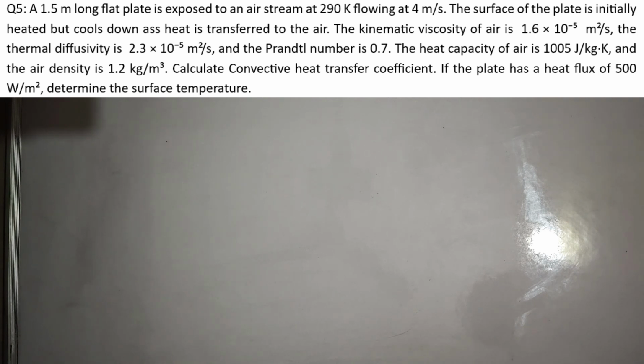The heat capacity of air is 1005 joule per kg Kelvin, and the air density is 1.2 kg per meter cube. Calculate convective heat transfer coefficient if the plate has a heat flux of 500 watt per meter square. Determine the surface temperature Ts.